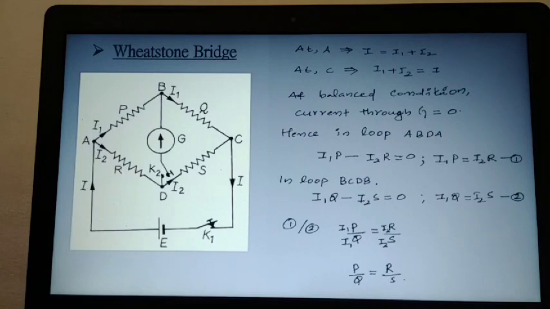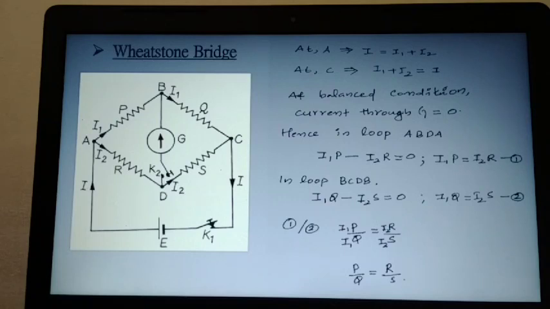You are starting from B and moving from B to A, but current I1 is moving from A to B, so I1 you can take as positive.